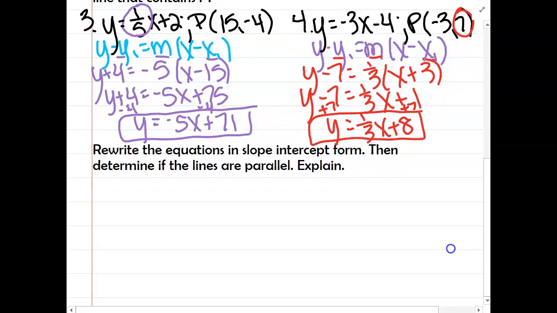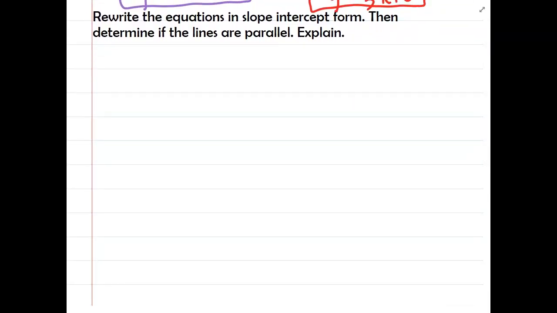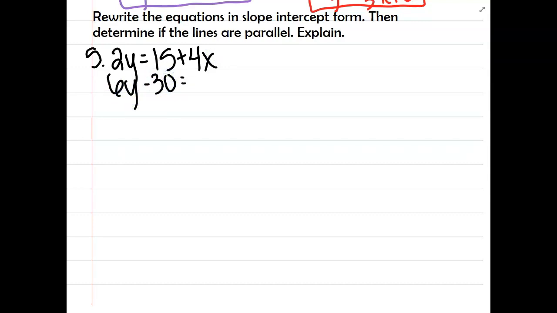Perpendicular lines. Okay, last thing, instead of writing the equation of a line, let's talk about how we can look at two lines and decide if they're parallel. So, number 5, the two lines we're going to look at are 2y equals 15 plus 4x, and then 6y minus 30 equals 12x.